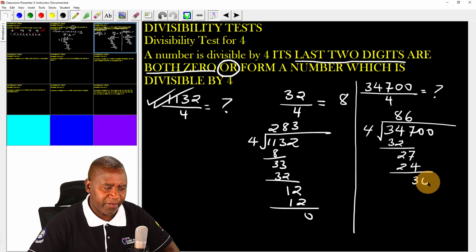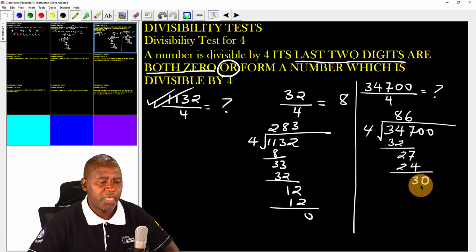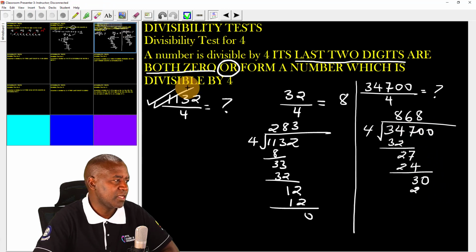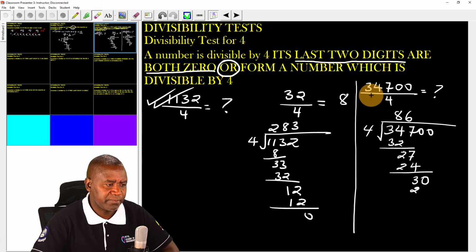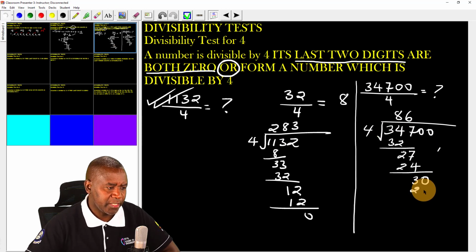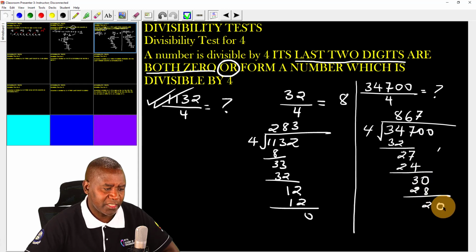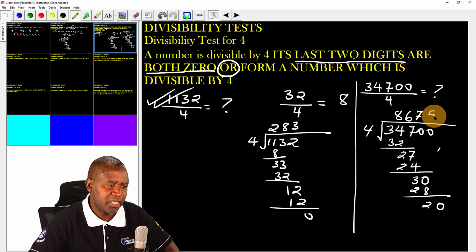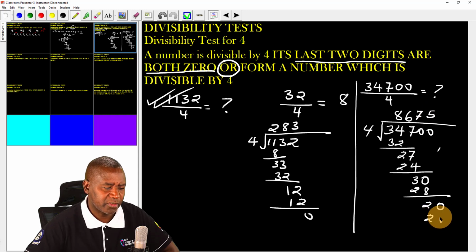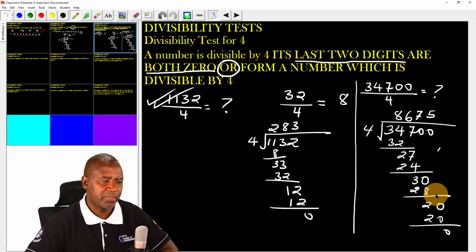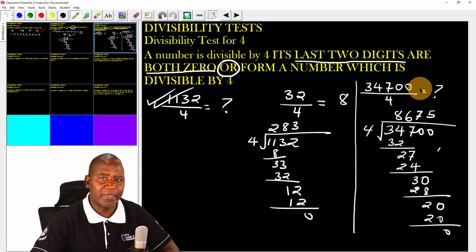Then I drop the first 0. 4 goes into 30 7 times because of 28. And then when I subtract here, I get 2. And when I drop the last 0, I find that 4 goes into 20 exactly 5 times to get 20. And I subtract, I get 0. So 4 is a factor of this number.